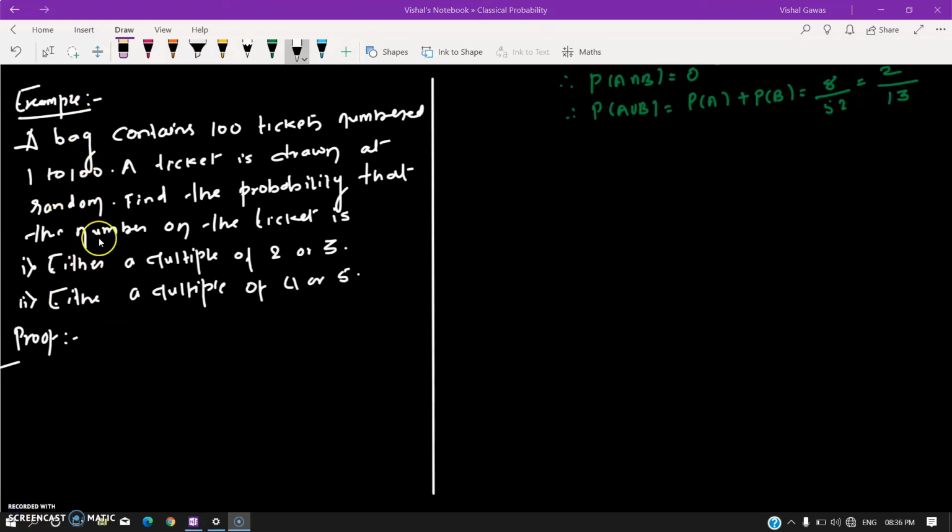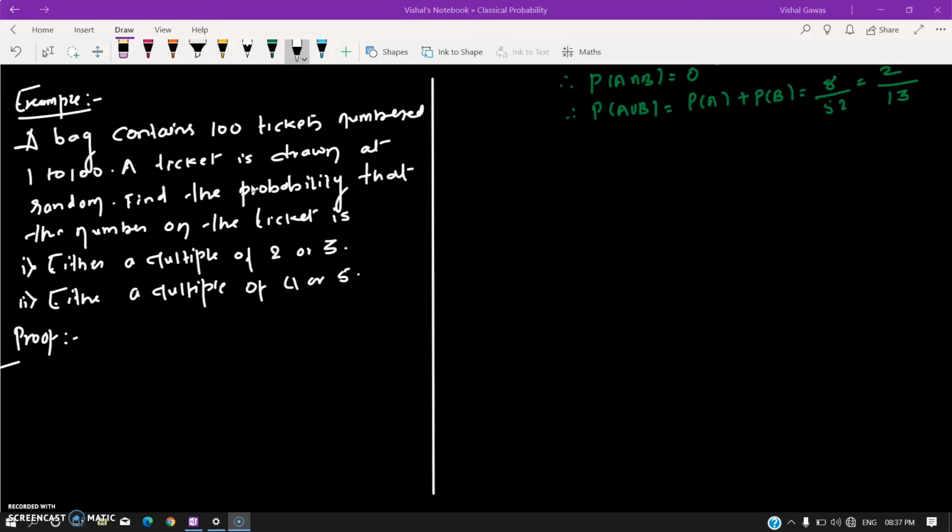Let's look at this problem. There's a bag which contains 100 tickets, so you can consider them as balls.